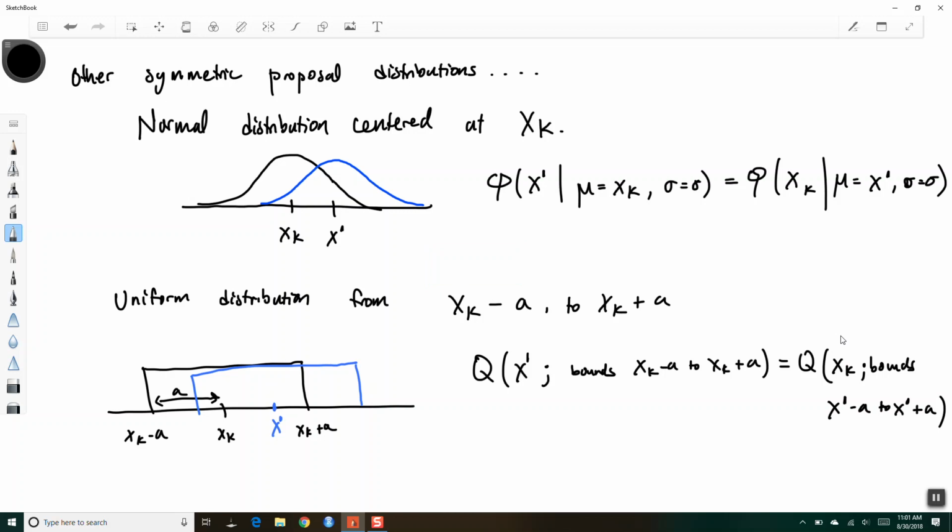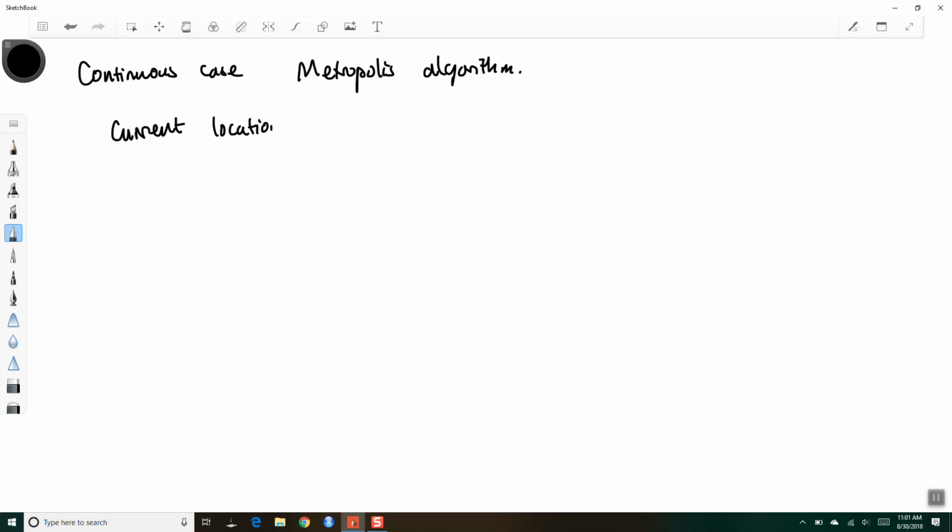Okay, so anyway, Metropolis algorithm. Continuous case Metropolis algorithm. Okay, so your current location is xk.